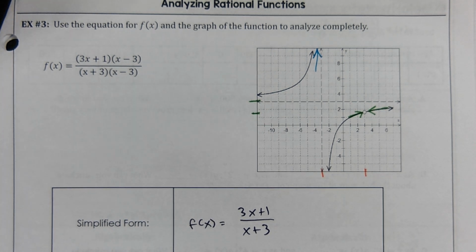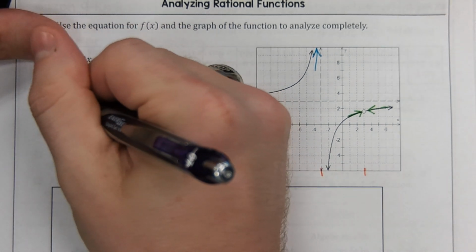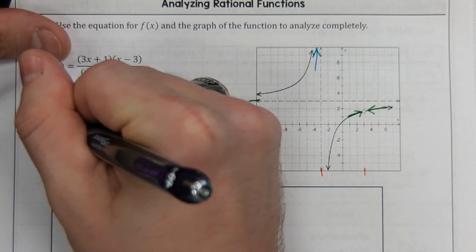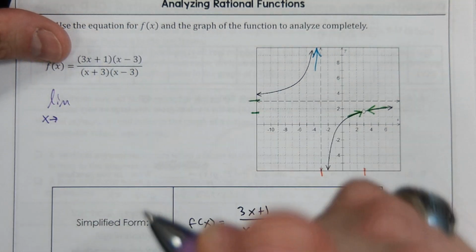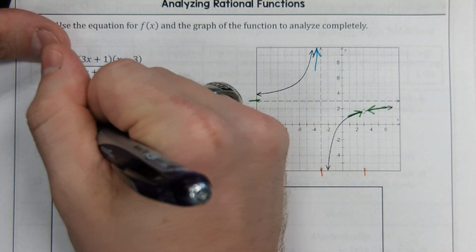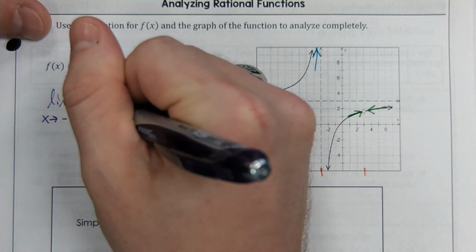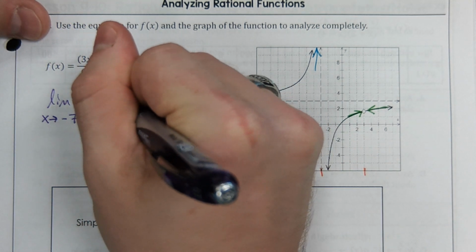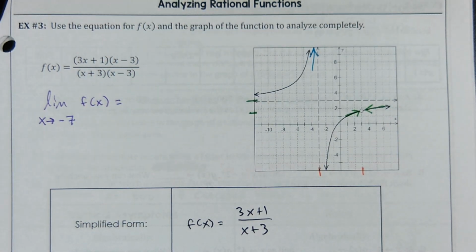So what if I wrote this? This says, what is the goal of the y values as x gets closer to negative 7?